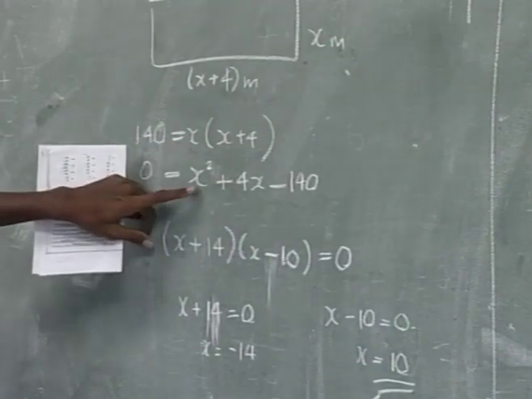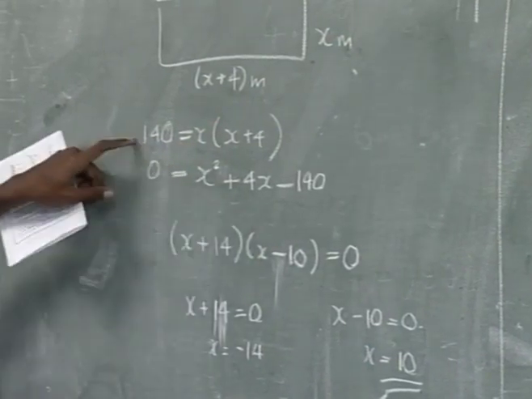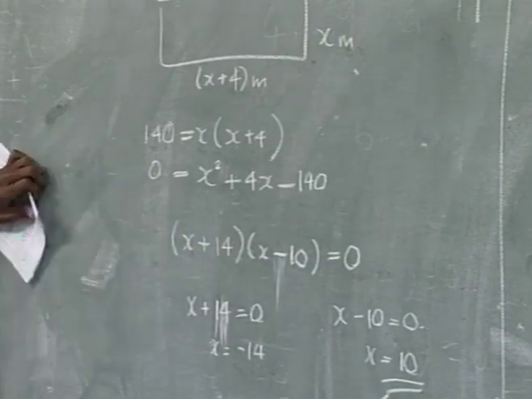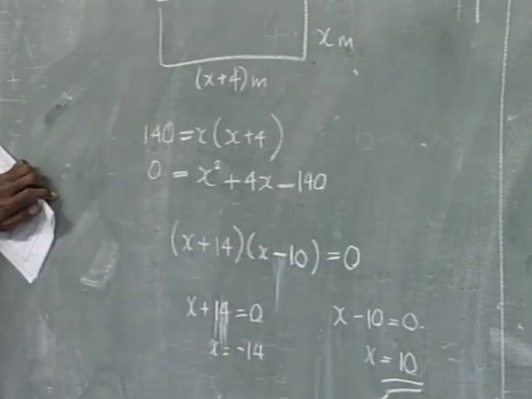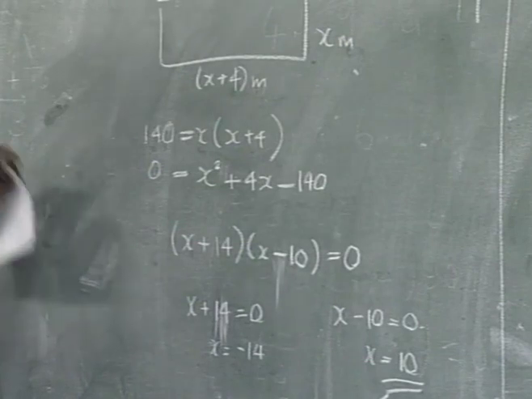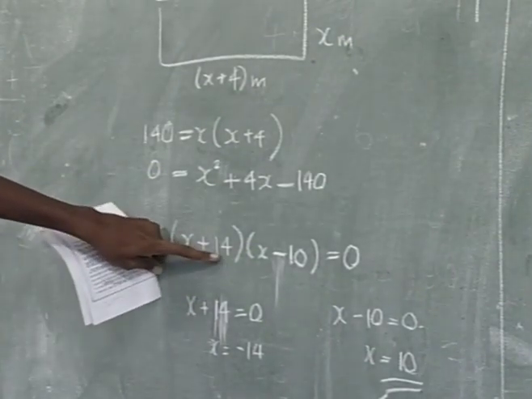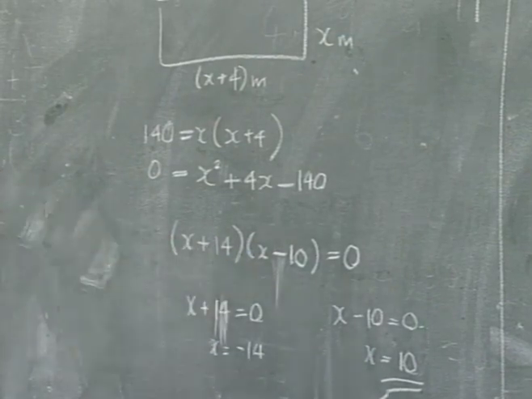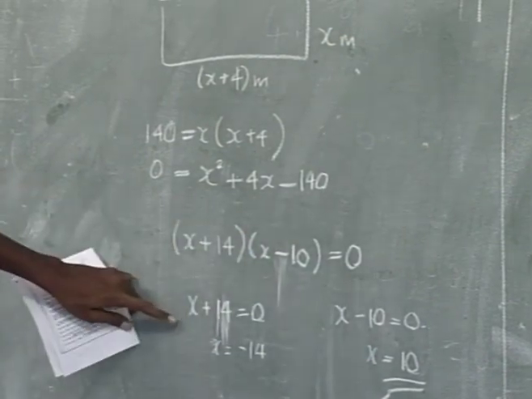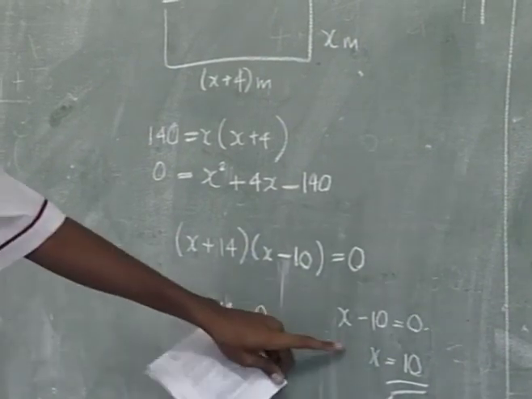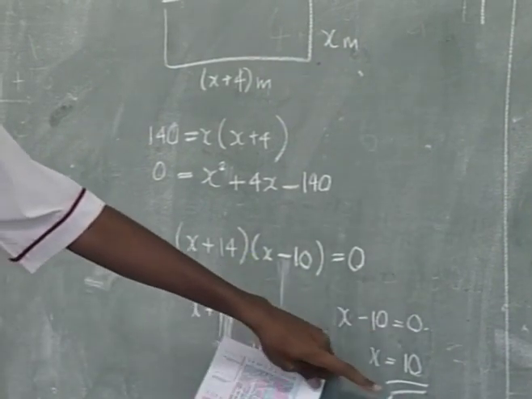Remove the brackets, we get x squared plus 4x. Take 140 to that side, we get minus 140. And then by factorizing, I got x plus 14 times x minus 10 equals 0, which is x plus 14 equals 0, x is equal to minus 14, x minus 10 is equal to 0, x is equal to 10.